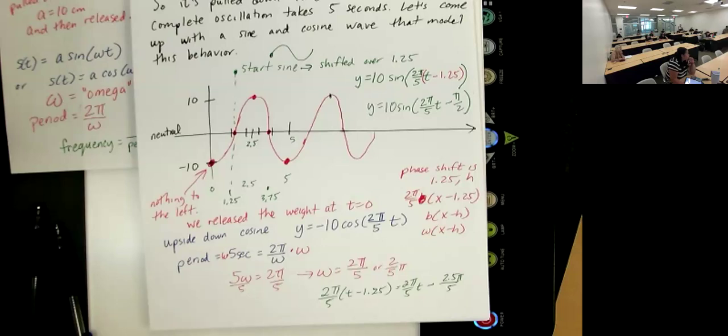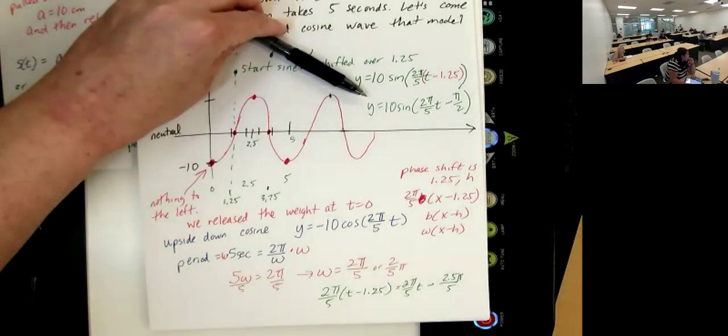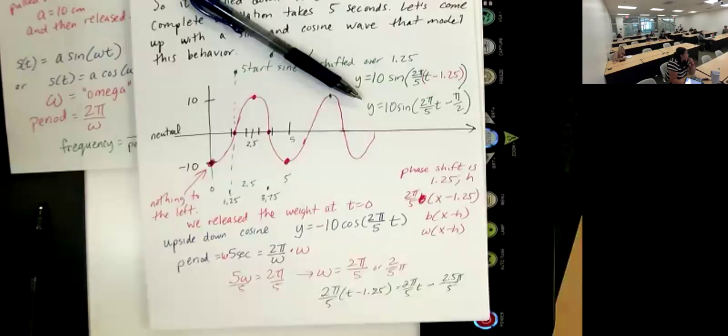Let's see if this makes sense. I think that it's gonna work, but let's plug in some values for t and go, does this work? If I let t equal 0, what should this equation equal? At t equals 0, the t part goes away, I have sine of negative pi over 2. What's sine of negative pi over 2?